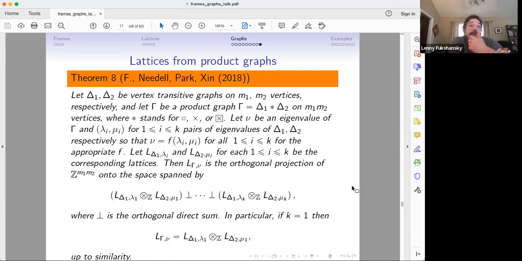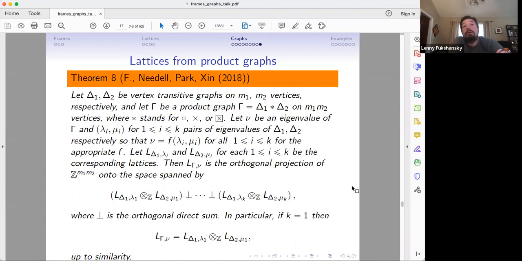I start with two vertex transitive graphs on M1 and M2 vertices. Then the product graph, where by star here I mean one of the three products, is going to be a graph on M1 times M2 vertices.